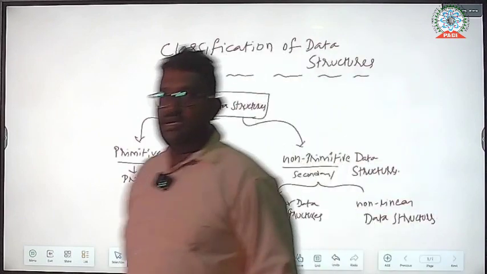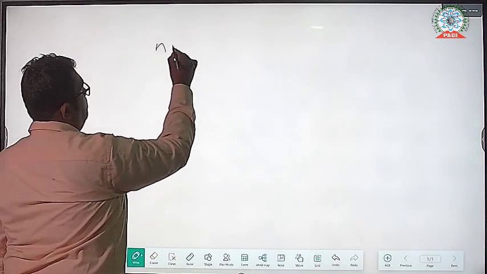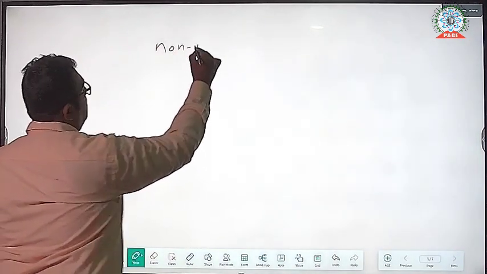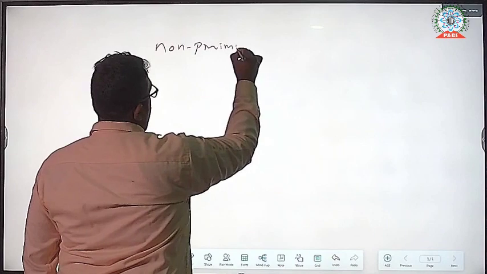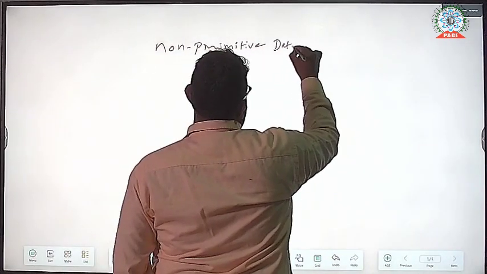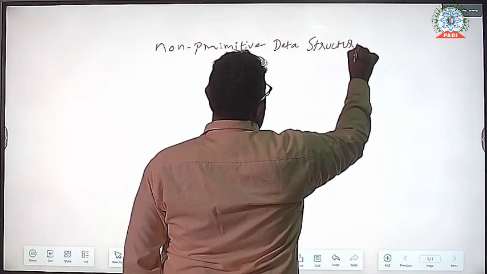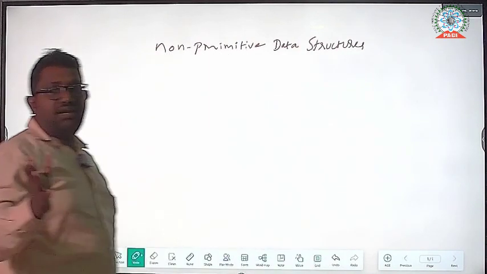I think up to now this is clear, right? Now, non-primitive data structures. I have already given the classification.